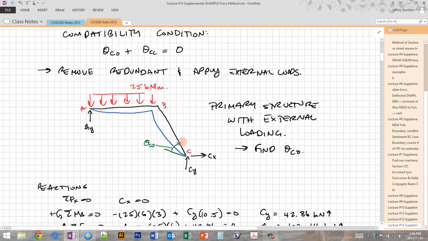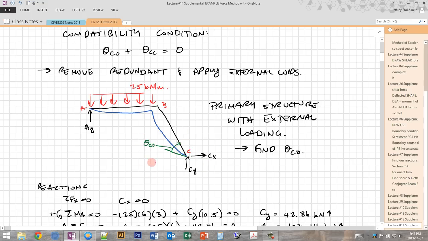So you remember, for virtual work, in our real system, we apply the real forces, and we find the real internal deformations, which in the case of a frame are in terms of beam curvatures. And then for our virtual system, we're going to apply a virtual unit load, which is a virtual external force, onto our structure at the location and in the direction of the deformation quantity that we want to find.